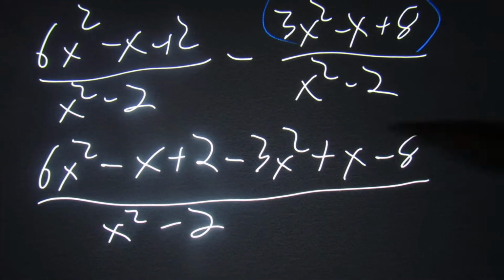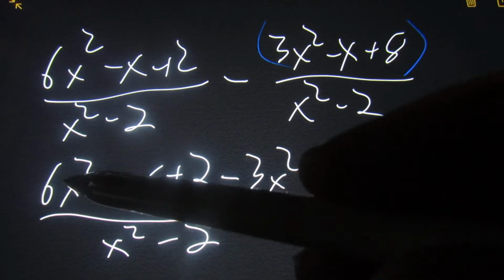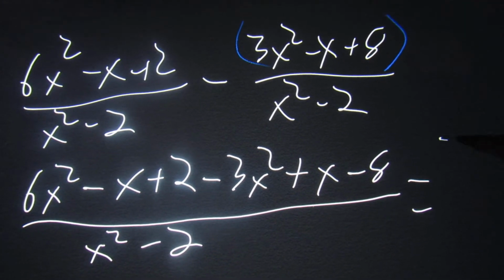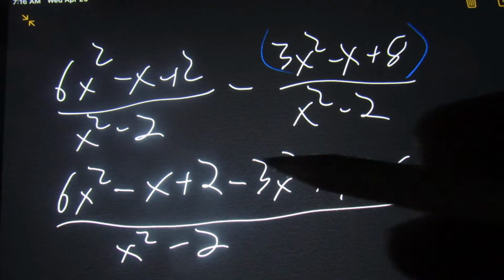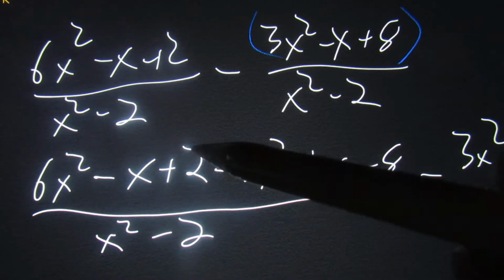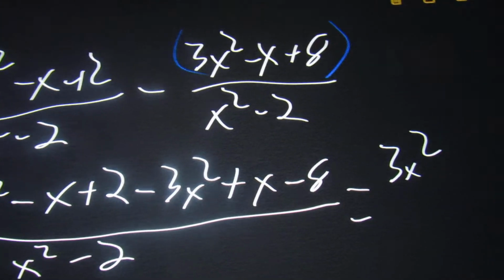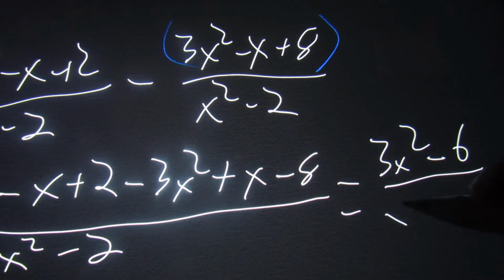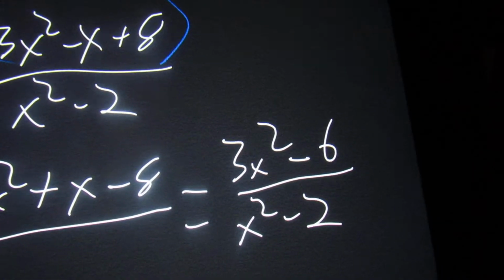So now I'm going to combine like terms on the top. I have a 6x squared minus 3x squared, which becomes 3x squared. I have a minus x and a plus x, which becomes 0. And I have a plus 2 and a minus 8, which becomes minus 6. And that's all over x squared minus 2.